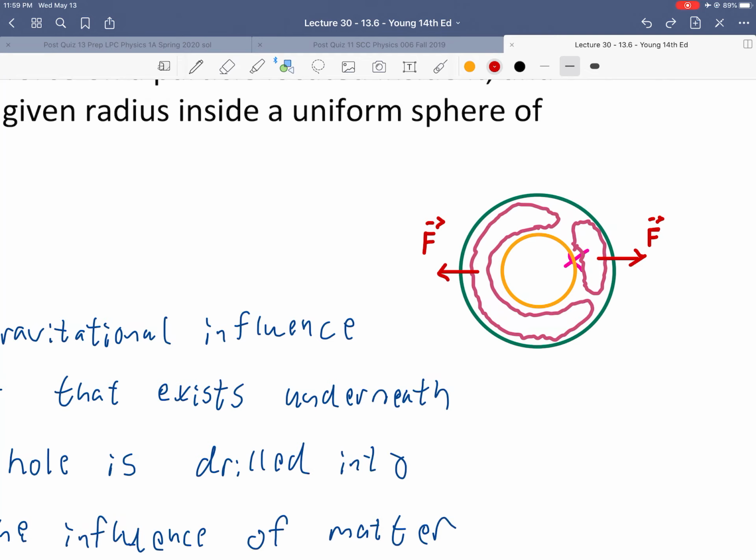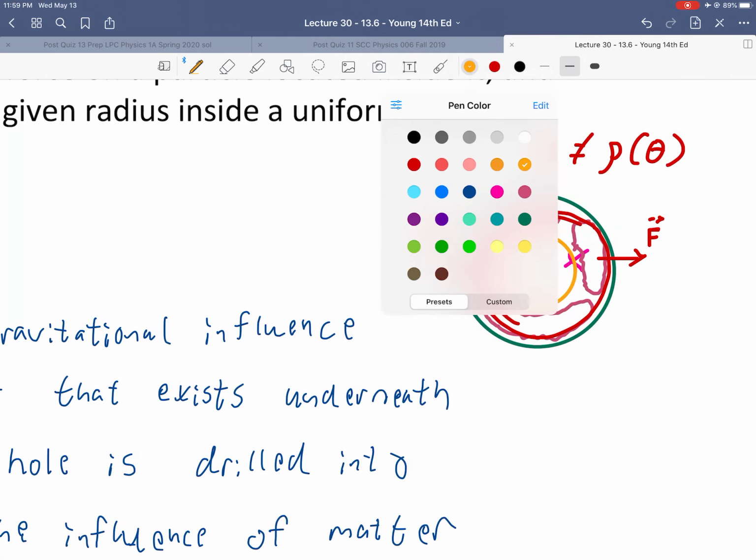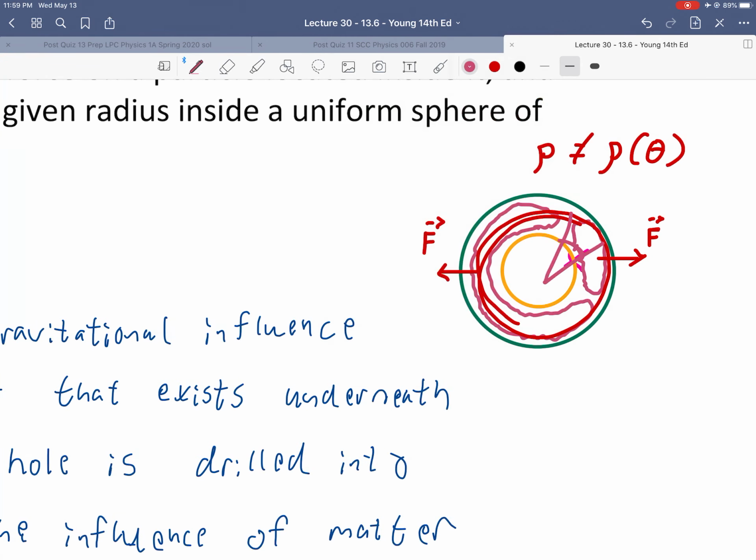So all we need is that there be no density that is a function of theta, if theta is thought to be measured in the circular direction.